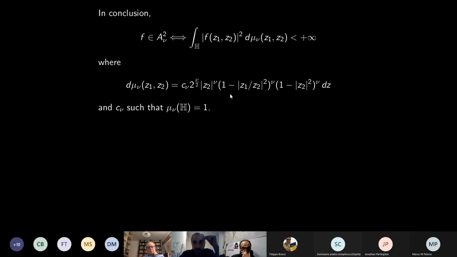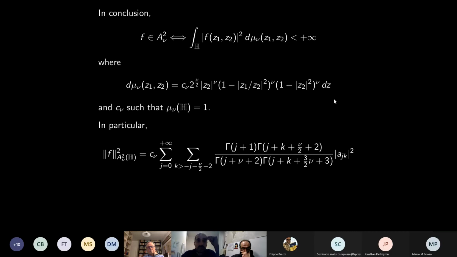Okay, so this is the measure we consider, and now I just want to point out that if you write the weighted Bergman norm of a function f with respect to its Laurent series, where a_jk are the coefficients of the Laurent series of the function f, you end up with something like this.